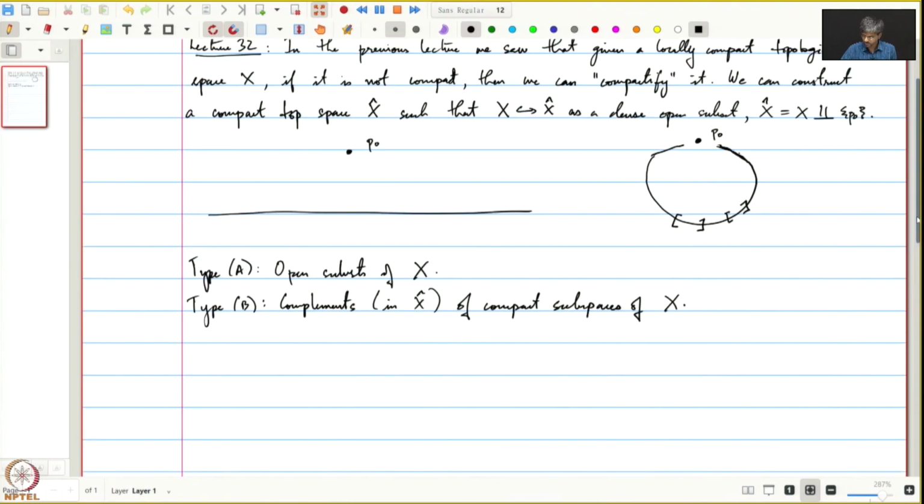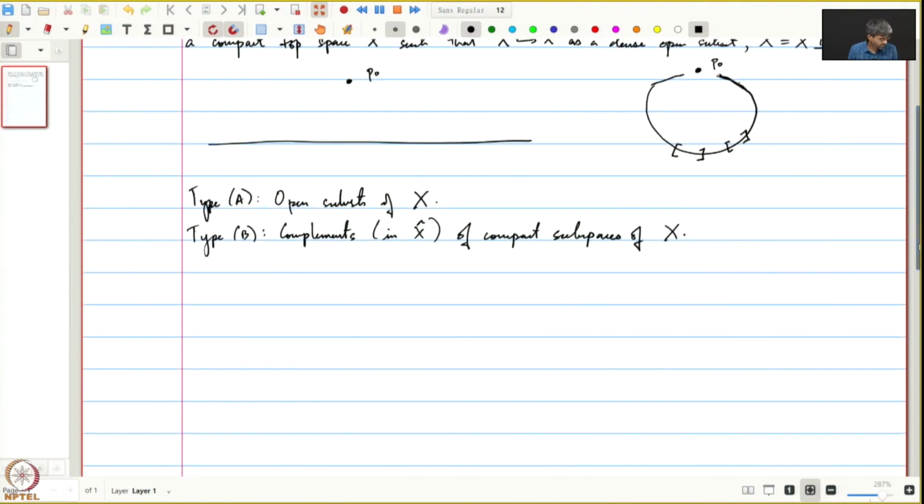Okay. In the same way we can see another example, R2. Instead of making our R2 like a plane, we can make it as a sphere.